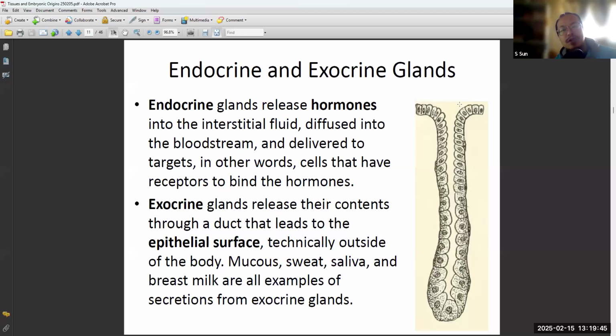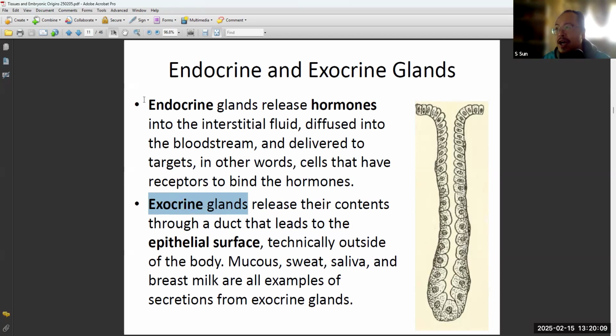This kind of secretion can be classified into two major types. One is called the exocrine gland. Exocrine refers to the secretion moving the stuff outside of our body.